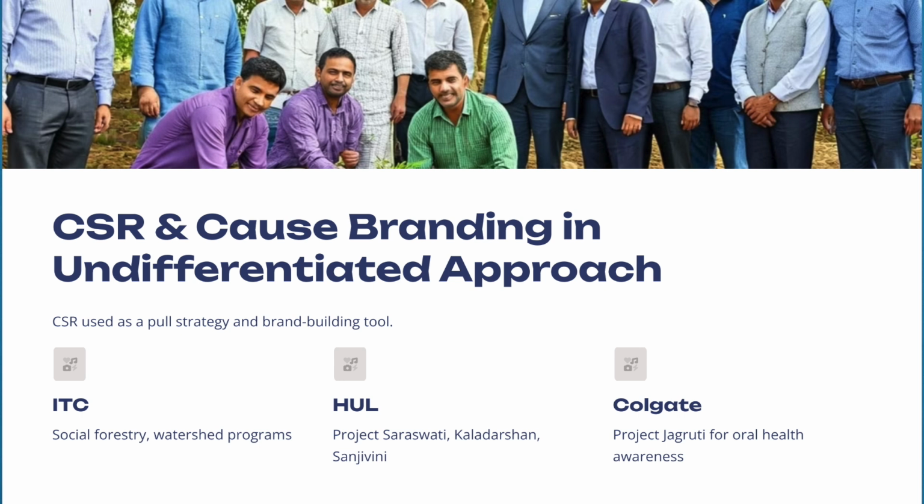Similarly, Hindustan Unilever Limited initiated several impactful programs: Fair and Lovely Foundation supported women's financial independence, Project Saraswati provided scholarships to girls, Project Disha focused on career counseling, Project Kala Darshan trained young girls in stitching and designing, and Project Sanjeevani, in collaboration with Dr. Lal's Labs, trained women in nursing. Colgate's Project Jagriti collaborated with the Indian Dental Association to promote oral hygiene in over 20,000 villages, reaching more than 6 million rural residents.